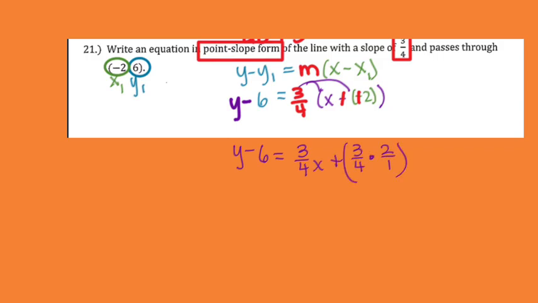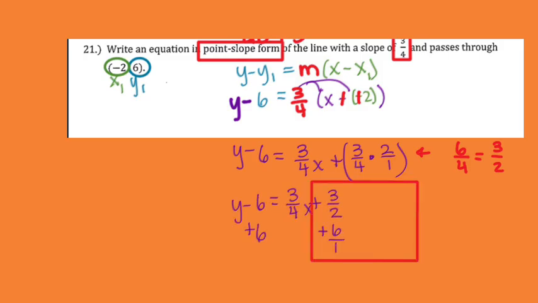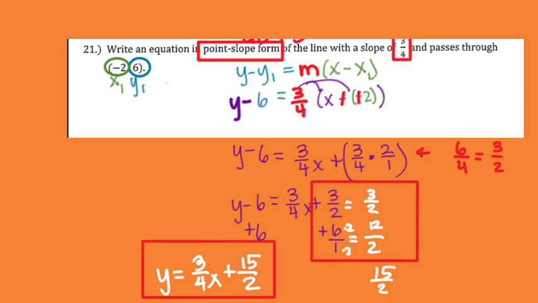So I would distribute, and on this one, I have 3/4 times 2, which would be 6/4, which is 3/2. And then I would add the 6 to both sides, adding some fractions here, which means I have to get a common denominator, and I'd get 15/2. But again, you didn't have to do any of this part. This was just putting it in point slope form. So your answer here was right here, okay? But just as a little piece of extra information, if you want to practice that mental math, you could do that.